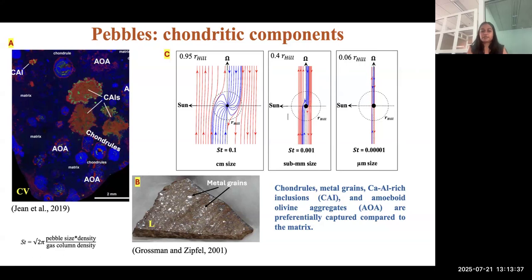Therefore, the implication is that chondrules, metal grains, and refractory inclusions must be preferentially captured compared to matrix, at least for Earth's orbit. Okay, so I hope I convinced you why I'm not considering matrix as of now, and I'll choose the other components.